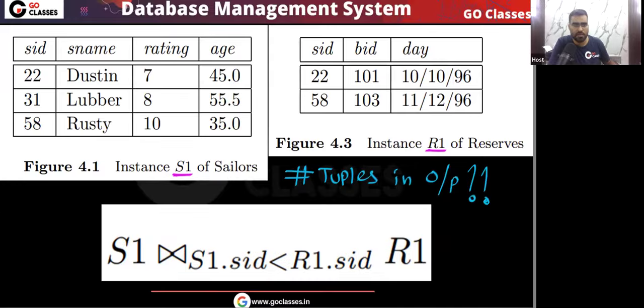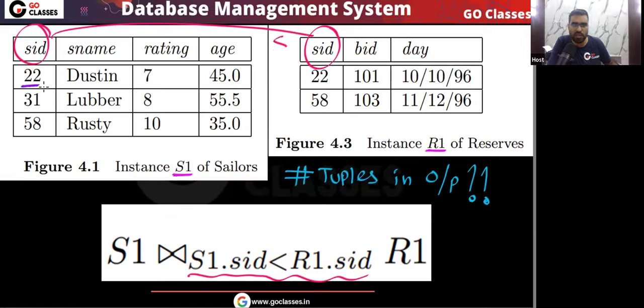So very easily you can see that this is the condition. Remember those tuples of S1 will pair with those tuples of R1 where this condition will be satisfied. So this SID should be less than this SID.